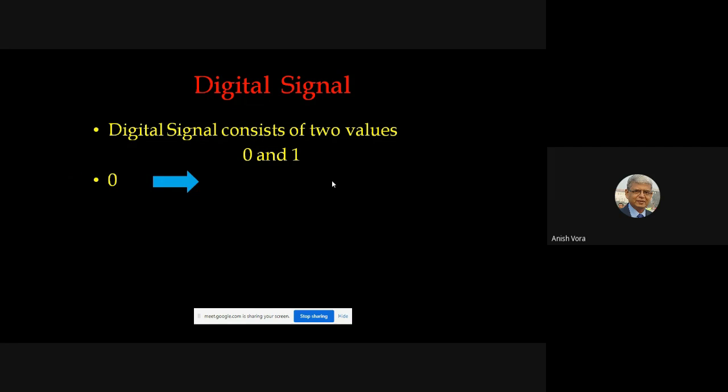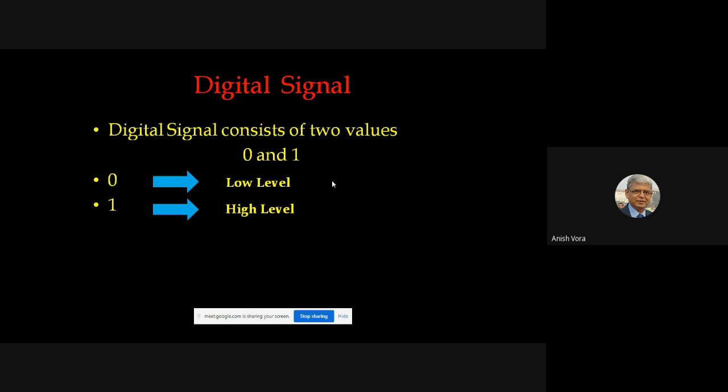0 means we have a low level, the non-existence of the signal or low level of signal. In the same way, when we have 1, then we have a high level or existence of the signal, and that is indicated by 1.